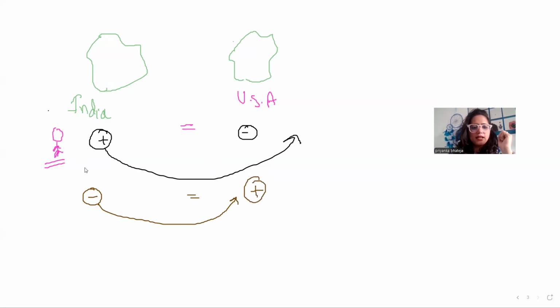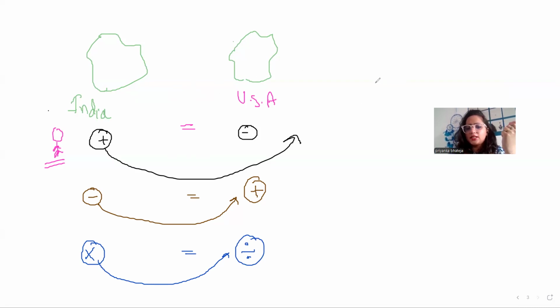And suppose there is a multiplication sign and an equal sign. When you shift the multiplication to the other side of equality, it will change into division. And suppose there is a division sign. Very good. Absolutely. Well done.